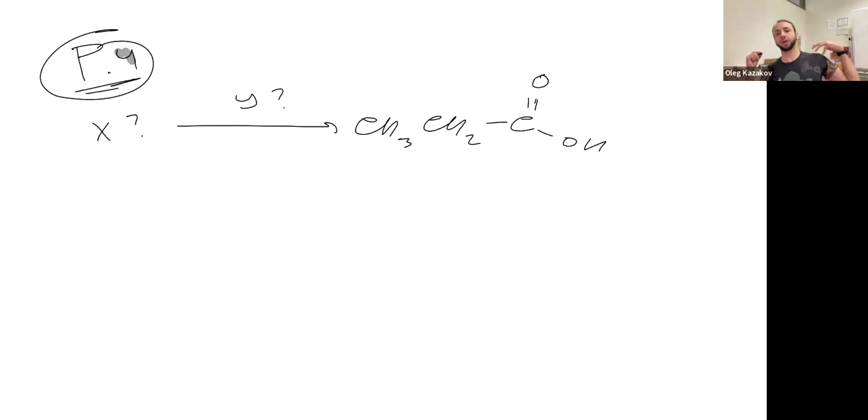An aldehyde contains only one oxygen in its functional group, and a carboxylic acid looks just like the aldehyde, except it has an extra oxygen between the carbon and the H. You can draw them side by side, and you will see there is a minor, one atom difference between the aldehyde functional group and the carboxylic acid functional group.